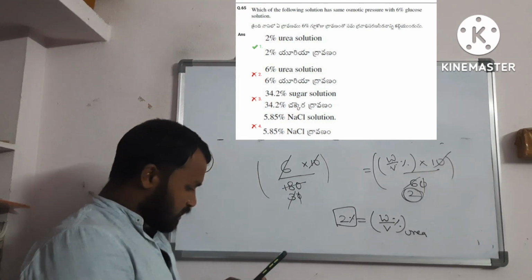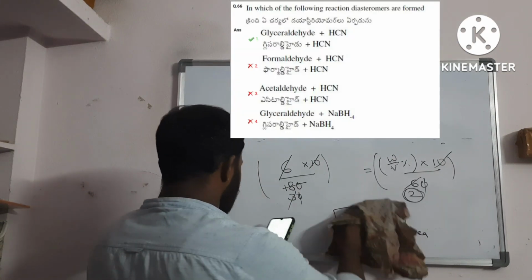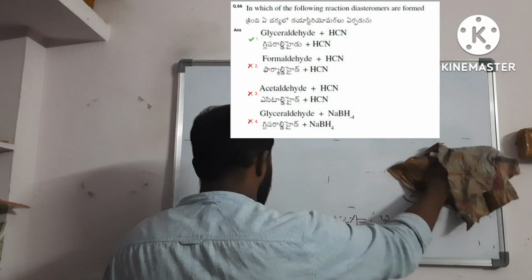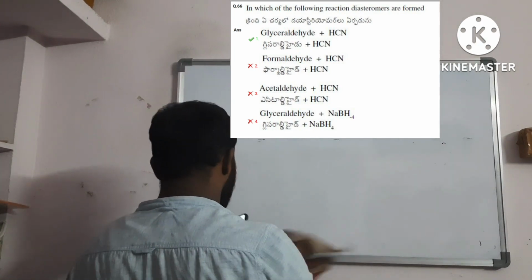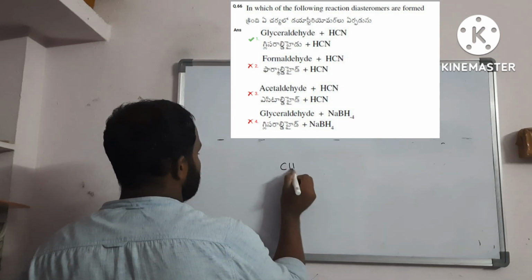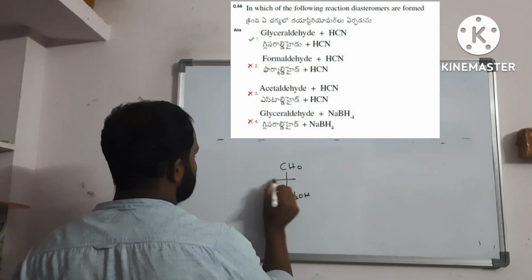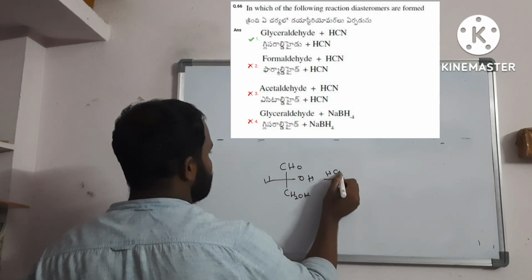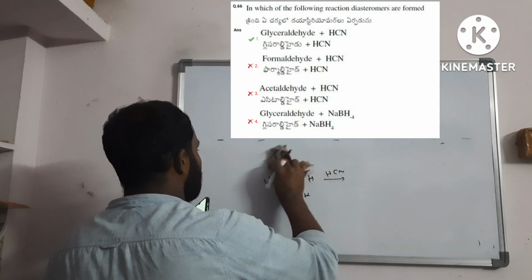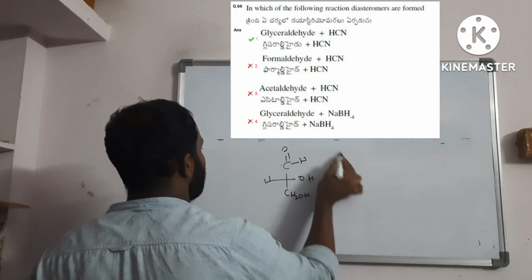Next, question number 66, the last one. In which of the following reactions are diastereomers formed? Glyceraldehyde, with CHO, CH2OH and OH. Glyceraldehyde reacts with HCN. It is an aldehyde, C double bond O, and you will get CN minus here.